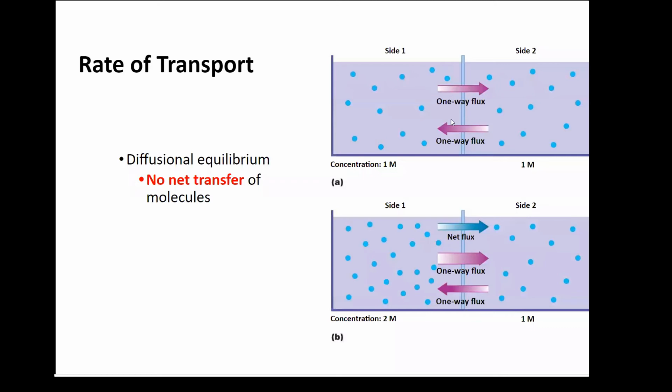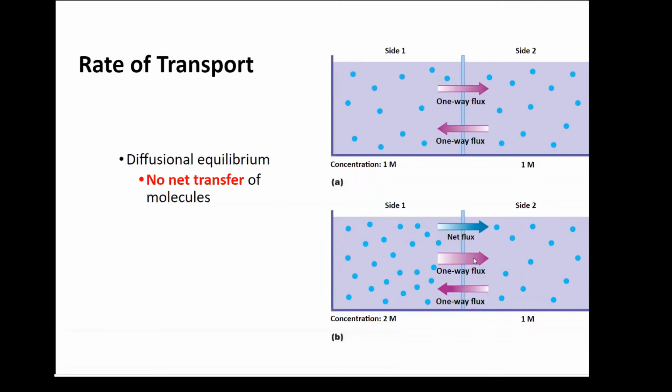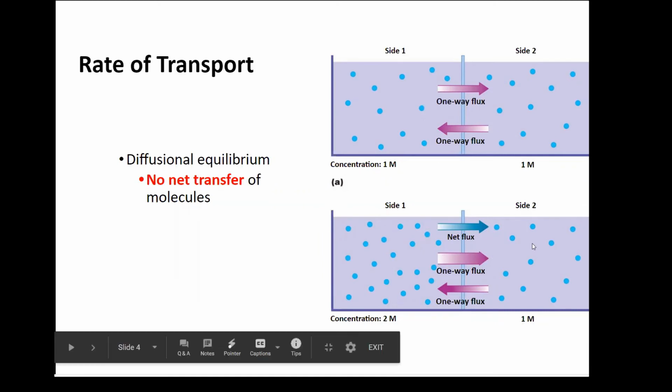And that's what molecules try to move towards, right? We try to move so that we're at diffusional equilibrium, which would look like equivalent concentrations on either side of the membrane. If we have unequal concentrations on either side of the membrane, so we were just talking about the chemical driving force, this means we'll have a chemical driving force if we have a difference in concentration, which means that the movement of molecules in one direction, so down the gradient, is going to be more than the movement of molecules against the gradient.